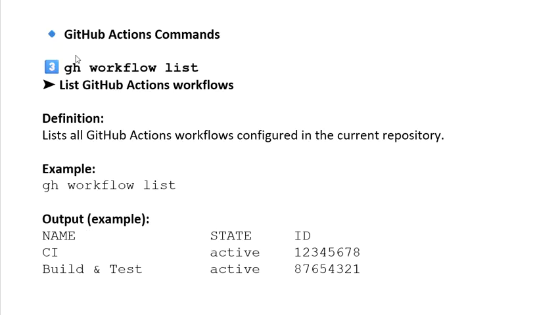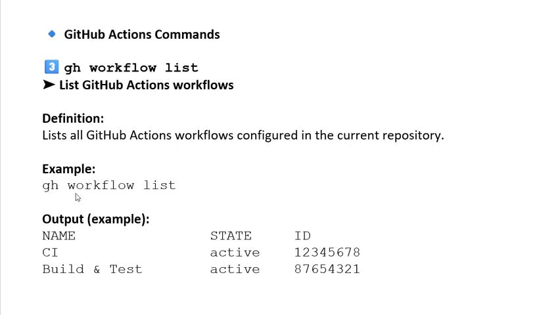The GitHub Actions commands: third is gh workflow list, which lists all the GitHub Actions workflows configured in the current repository.